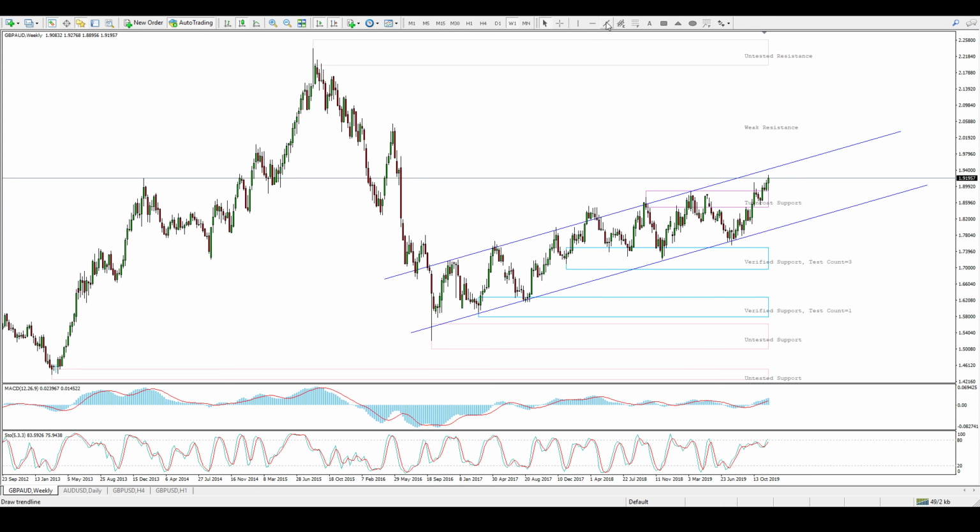So this would be a good pair to sell somewhere here. This is beautiful. Okay, I'm a seller on GBP/AUD. Okay, what else?